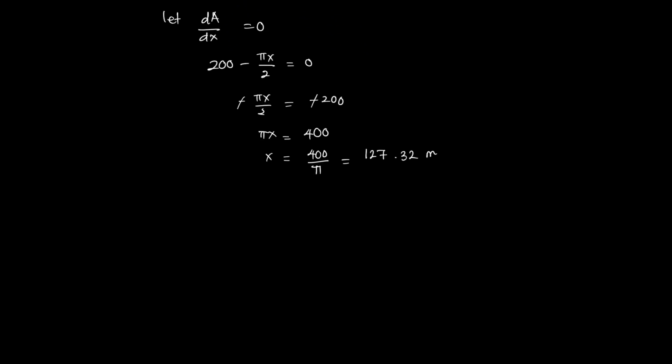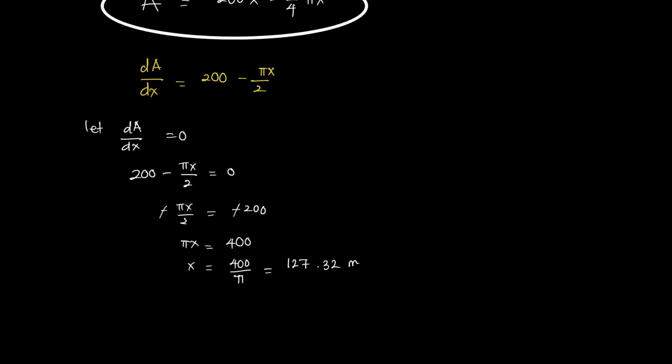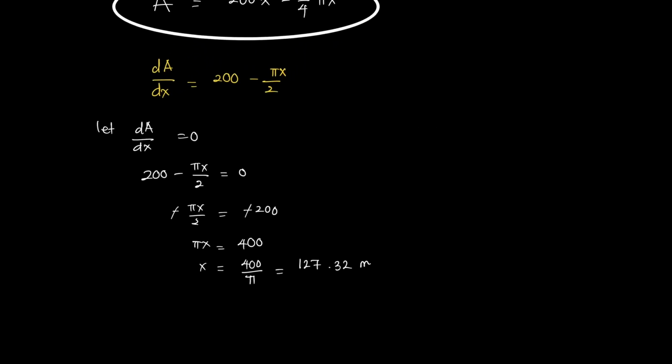Next, what we need to do is get the second derivative of this formula. So the second derivative will be d2A over dx squared. The second derivative of this formula will be negative pi over 2. And that's all. Negative pi over 2 will be our second derivative.